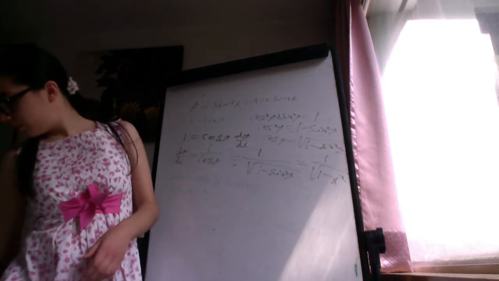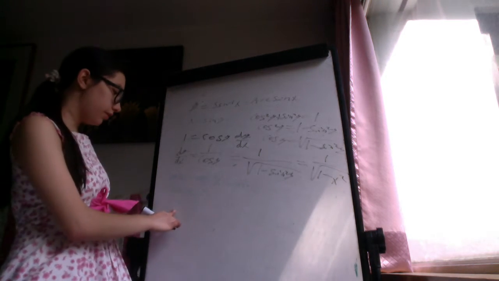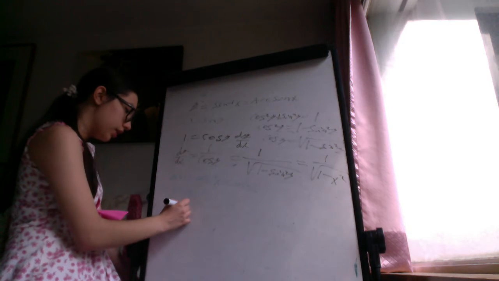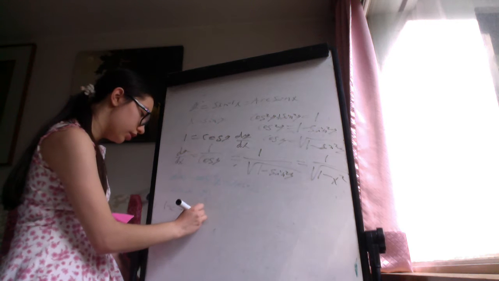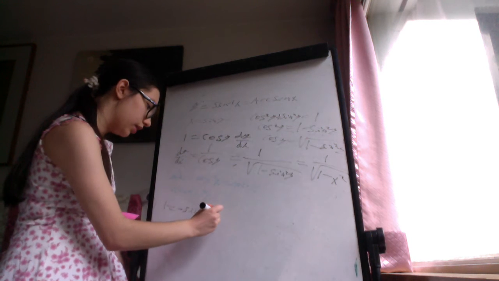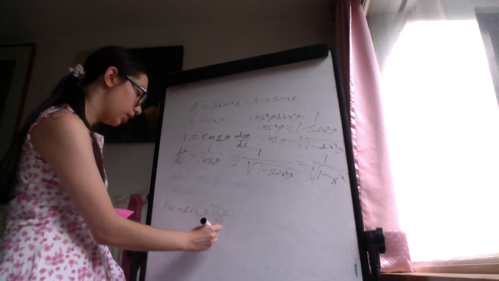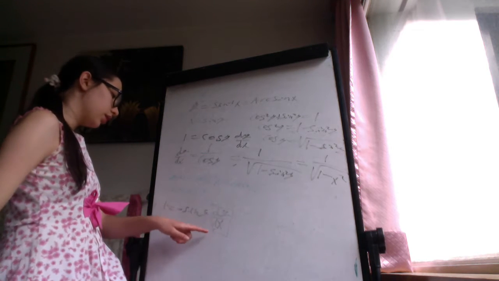With implicit differentiation, the derivative of x is 1, and the derivative of cosine of g is minus sine g dg/dx, and dg/dx is what we want to find.